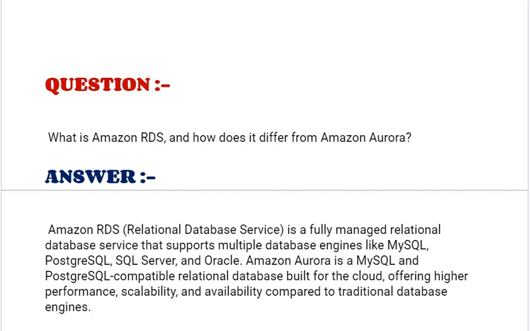Amazon Aurora is a MySQL and PostgreSQL compatible relational database built for the cloud, offering higher performance, scalability, and availability compared to traditional database engines.